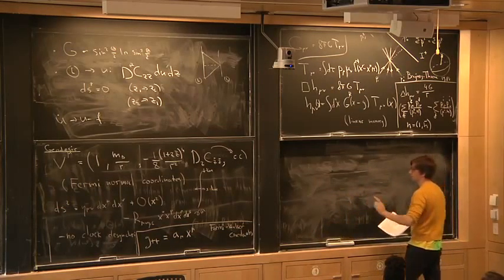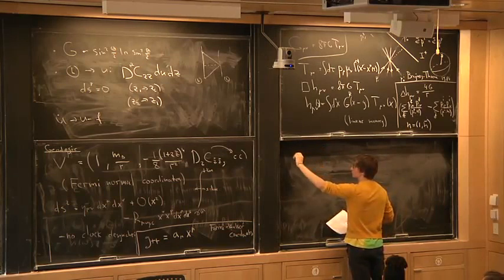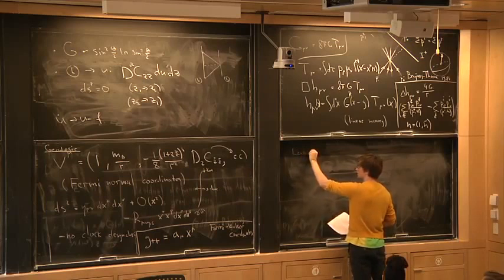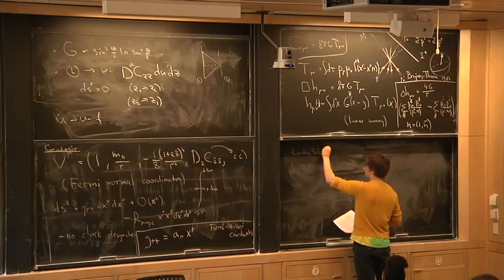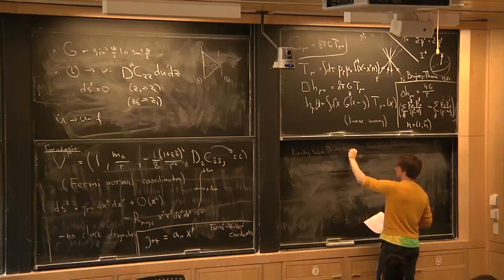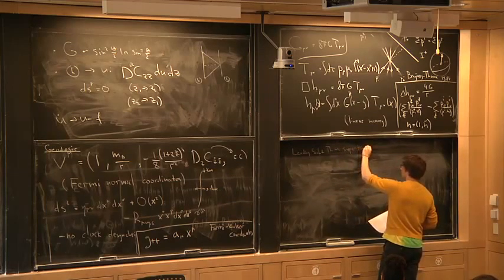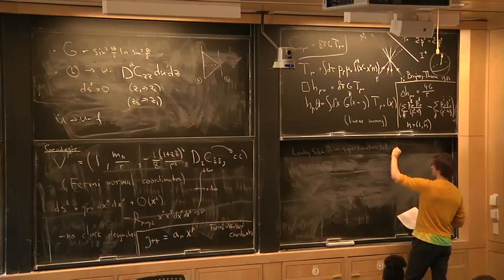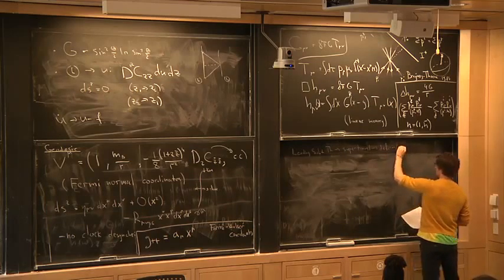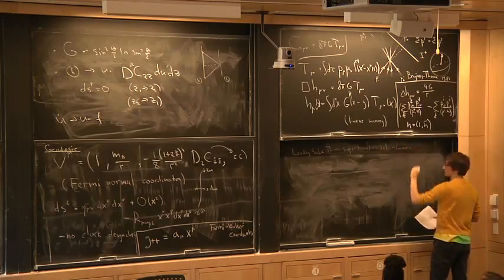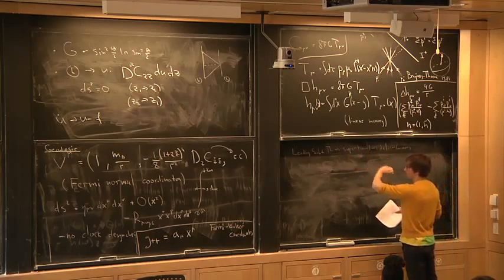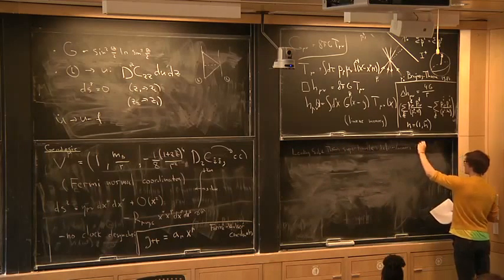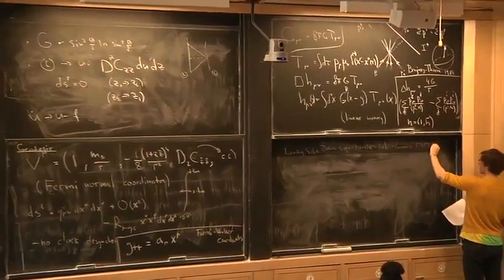Let me summarize this. We have the leading soft theorem, related to supertranslation. There was a deformation of the detector, this deformation of memory, and it's related to the energy flux through your detector, the energy flux through the sphere.